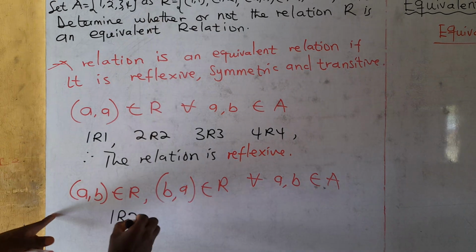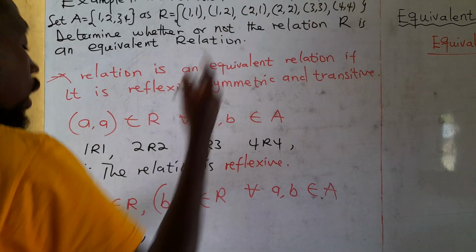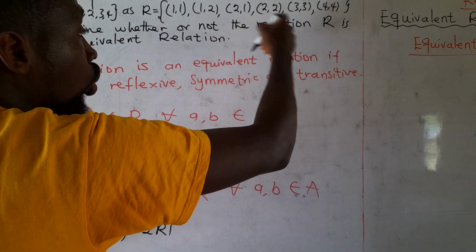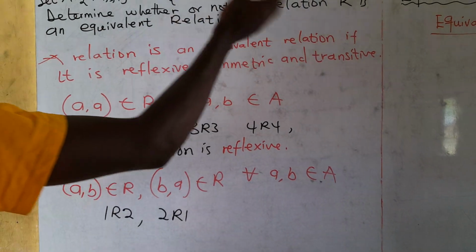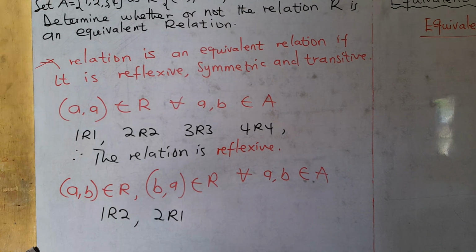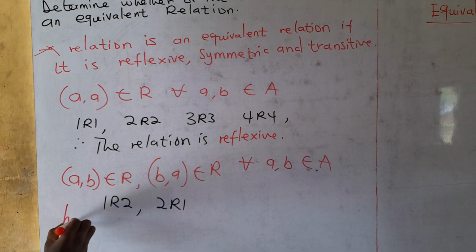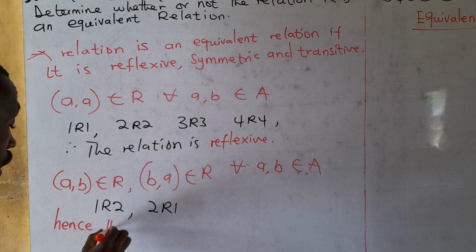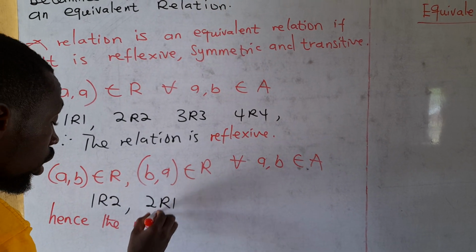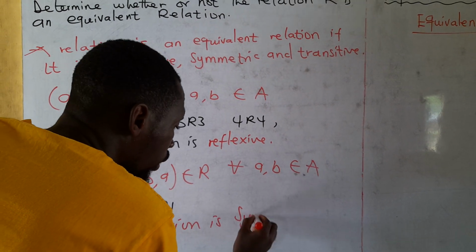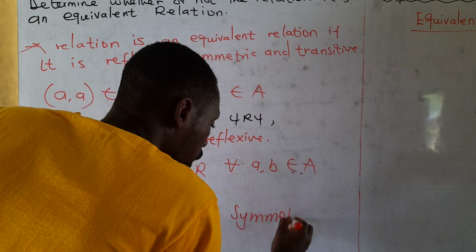We check whether 2 also relates 1. Does 2 relate 1? Yes. Do we have any other? No, we don't have any. The rest are self-loop relations, so it will still be the same. Hence, the relation is symmetric. I hope you get that.